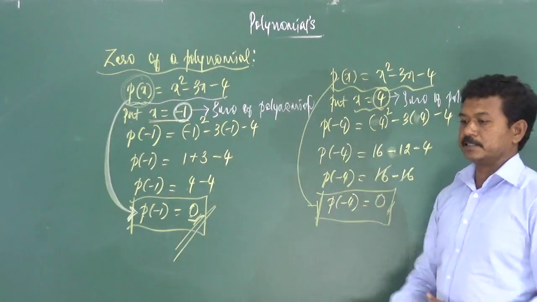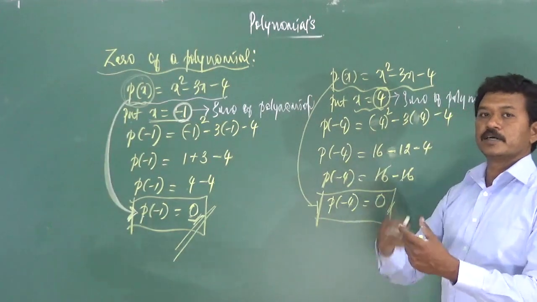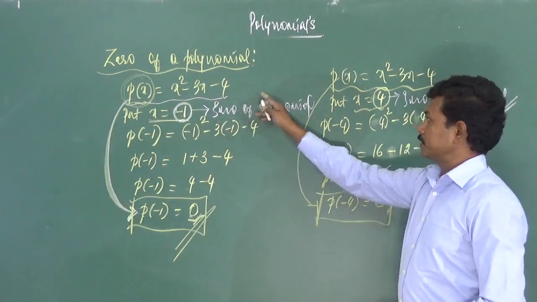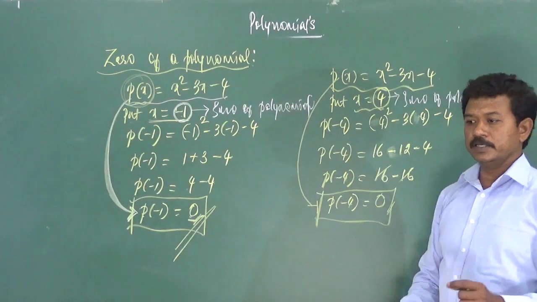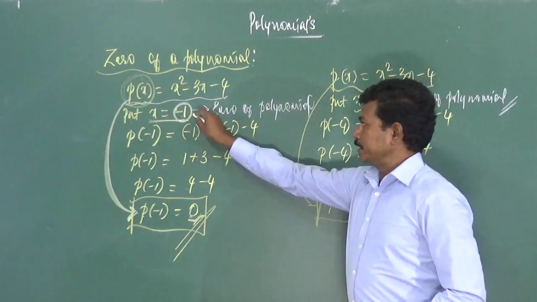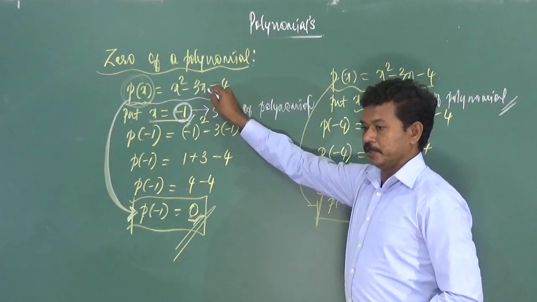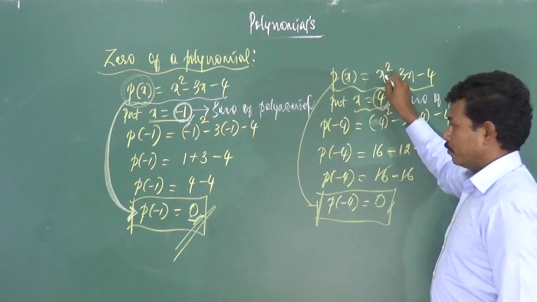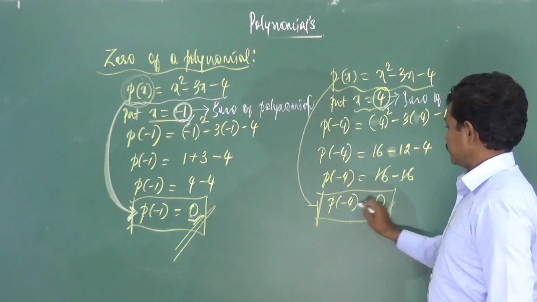So like this, how many values are there to make p of x, that is x square minus 3x minus 4, equal to 0? Here only minus 1 and 4, when substituted into this polynomial, can make p of x equal to 0.